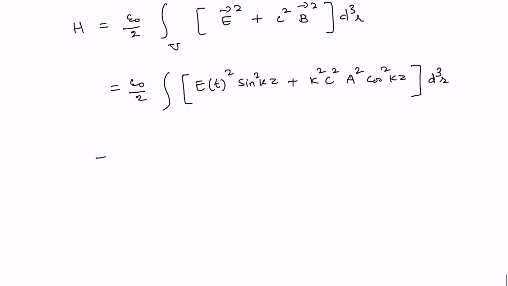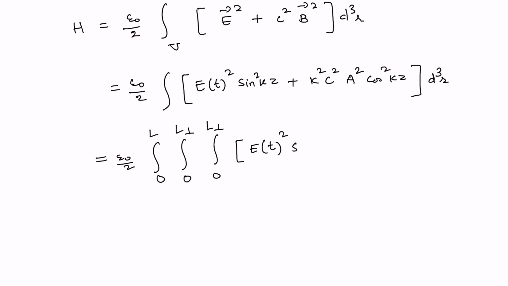Now integrating, because it's a volume integration, I have epsilon 0 by 2, integration along z from 0 to L, along x from 0 to L perpendicular, along y from 0 to L perpendicular, and then I have these expressions once again, E square sine square kz plus k square c square A square cos square kz, with dx, dy, dz.